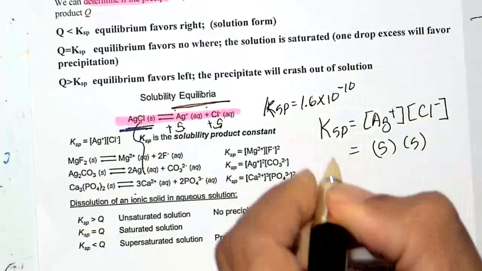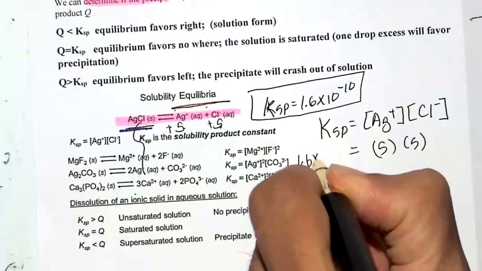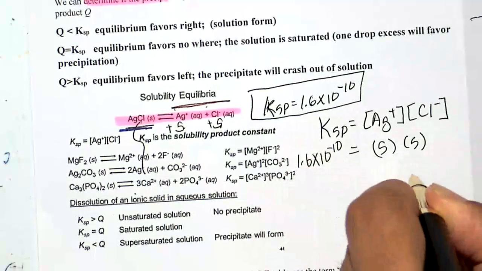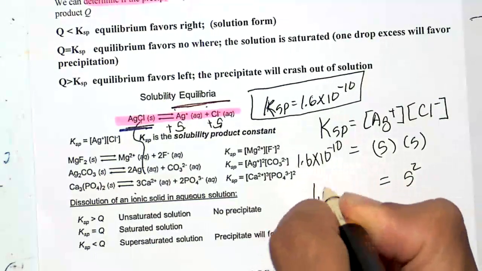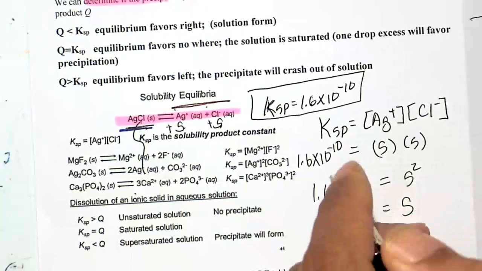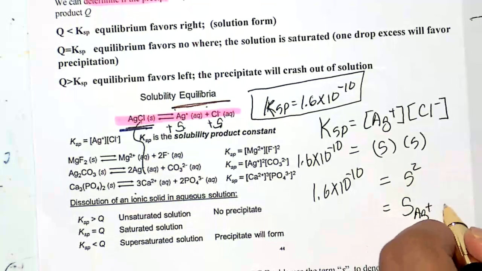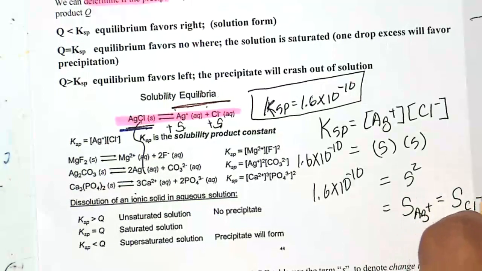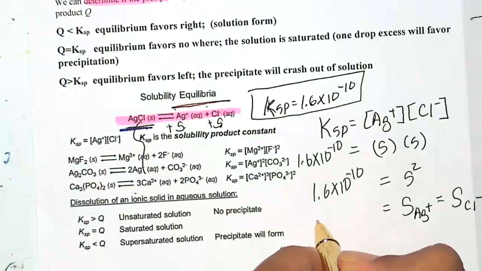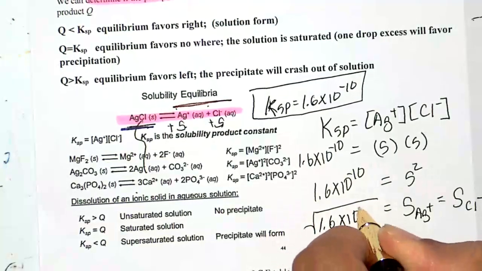So S times S is going to equal the constant for AgCl, which is 1.6 times 10 to the minus 10. S squared is equal to 1.6 times 10 to the minus 10. So the solubility of both Ag plus and Cl minus is going to be the square root of 1.6 times 10 to the minus 10.